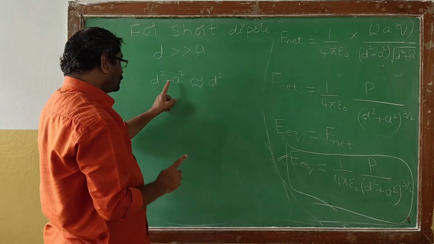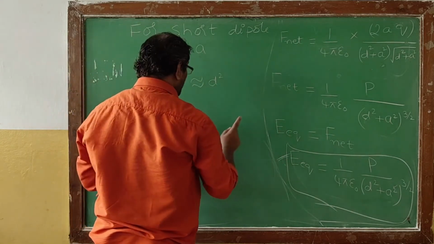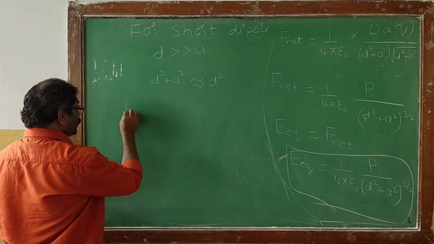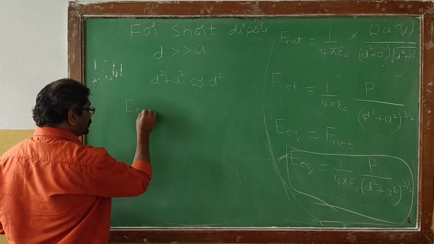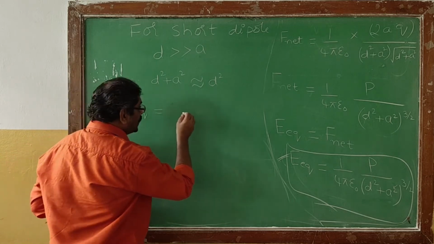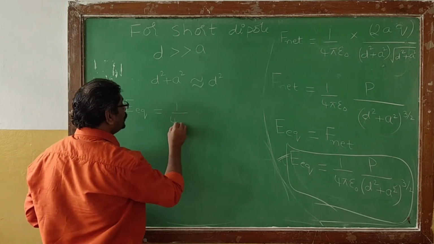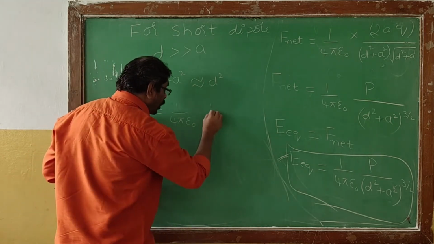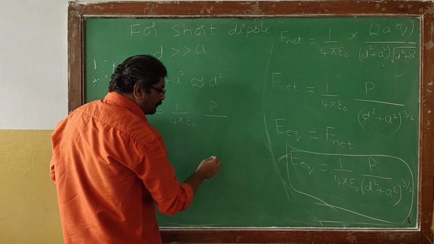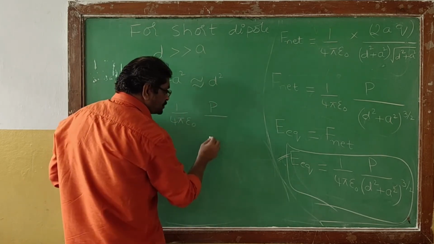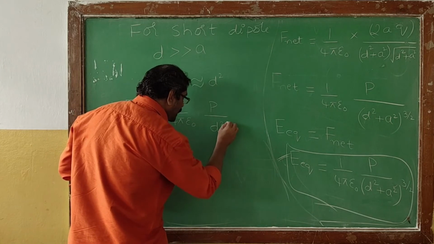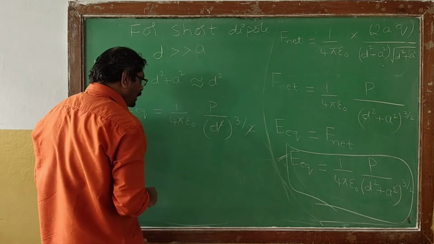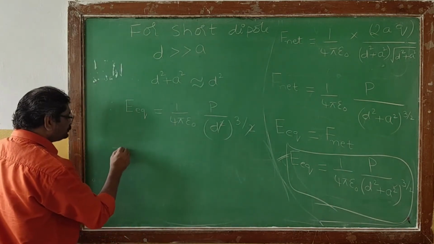So E equatorial is numerically equal to 1 by 4 pi epsilon naught, P divided by (d square) whole power 3 by 2. So 2 and 4 get cancelled.